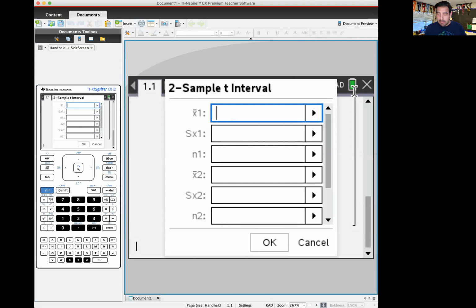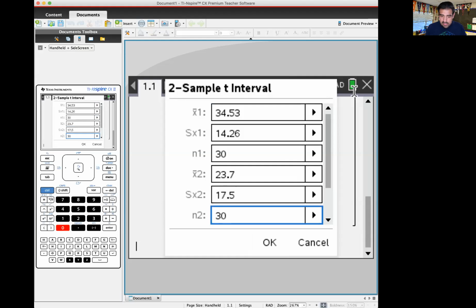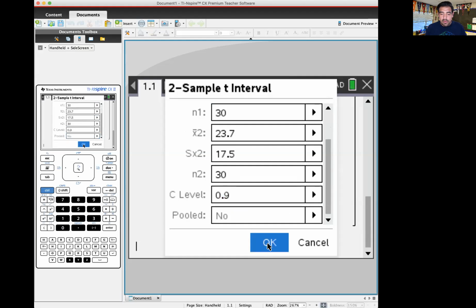So my first sample, which is the south, the standard deviation is 14.26. Sample size is 30. For the north, 23.7, 17.5, sample size of 30. I want a 90% confidence interval, and I do not want pooled. Select no for pooled.